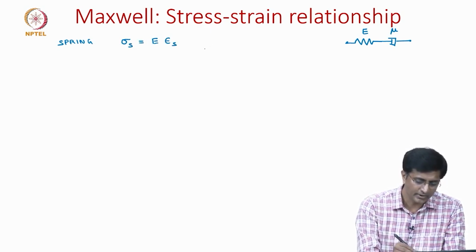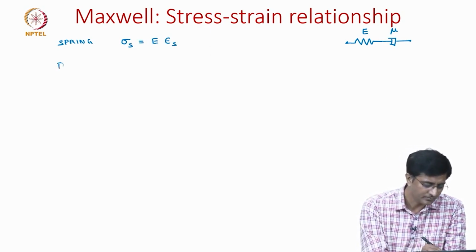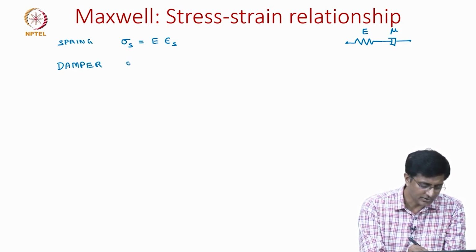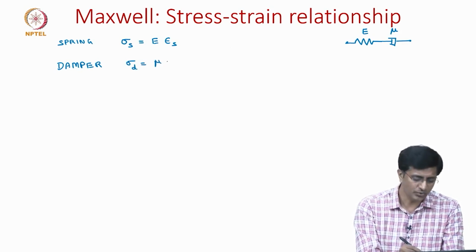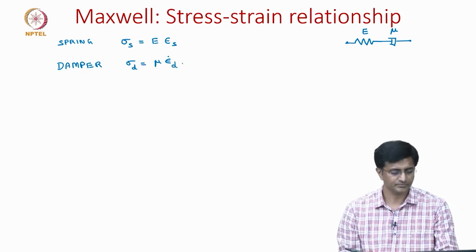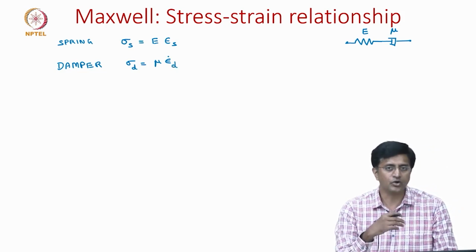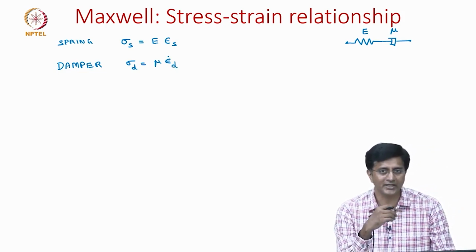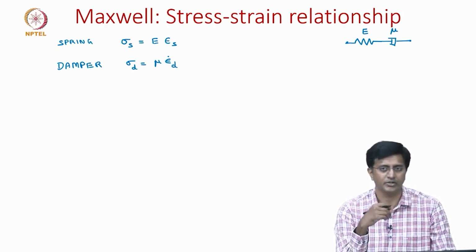Similarly, for the damper, the stress in the damper, denoted as sigma d, is given as viscosity mu times the strain rate in the damper, epsilon dot d. So, these are the constitutive equations for the spring and the damper.